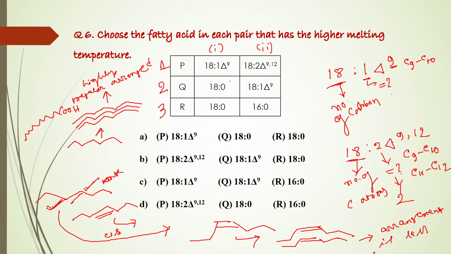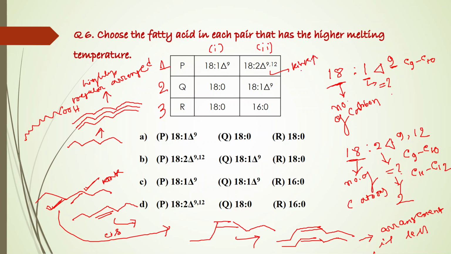Fine. So in the first case, we can clearly see that we had only one double bond, but in the second case we had two double bonds. That means where is the kink higher? In the second case, as the number of double bonds is higher, the kink is also higher.